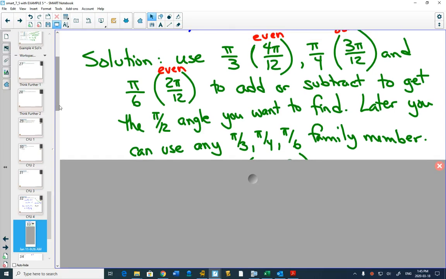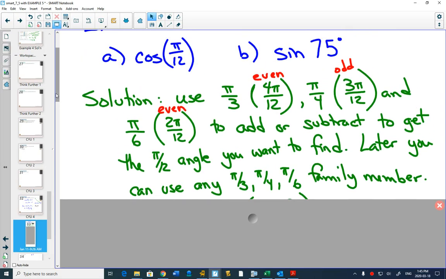So the first one we want to find in A is cos of pi over 12. Using pi over 3, pi over 4, and pi over 6, is there a way you could add or subtract to get 1 pi over 12? I wrote them all as pi over 12s in brackets to make it easier.